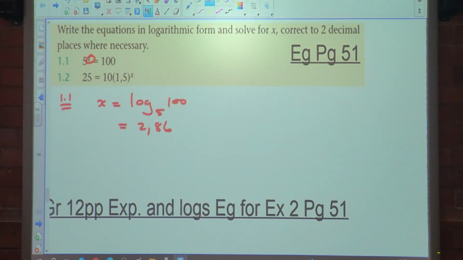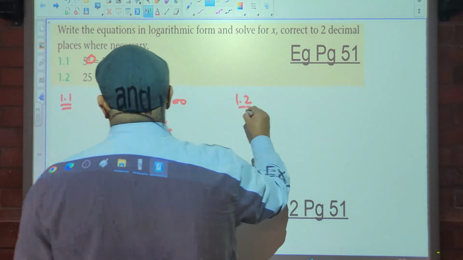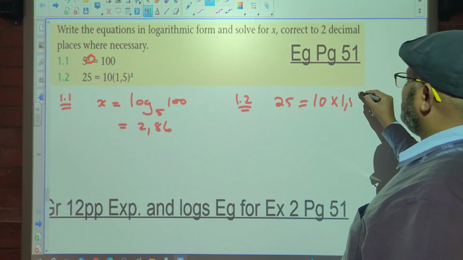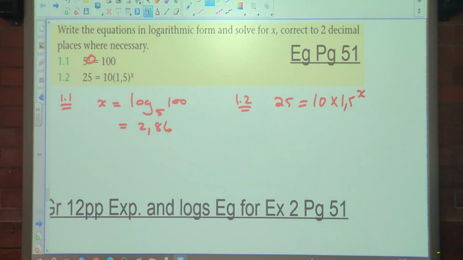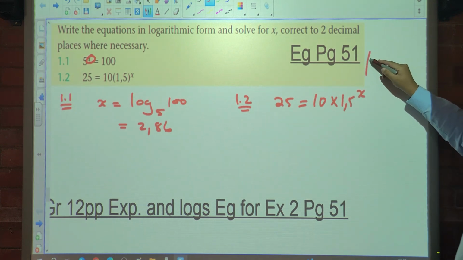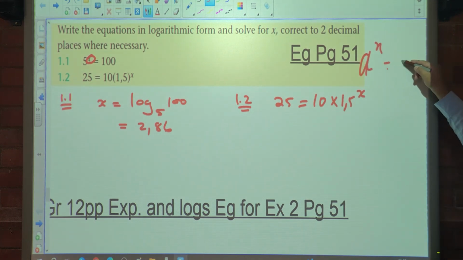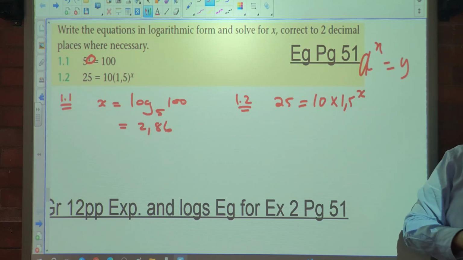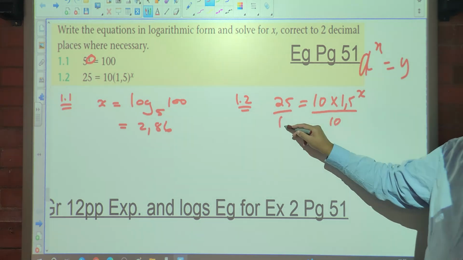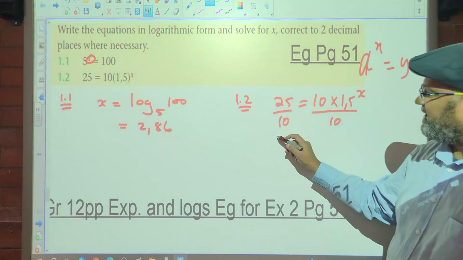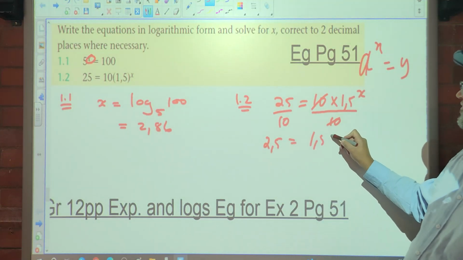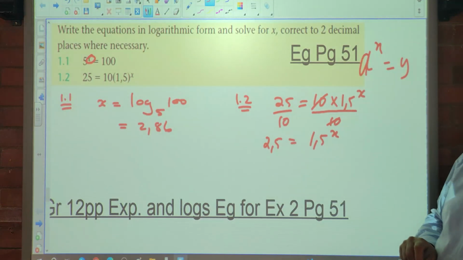You guys understand? Let's look at 1.2. 25 is equal to 10 times 1.5 to the x. So what do I do first? I'm going to get this on its own first, in the form of a to the x equal to y. That's the first thing I'm going to do. And how do I do that? Divide both sides by 10. So 25 divided by 10 is 2.5, which is equal to 1.5 to the x.